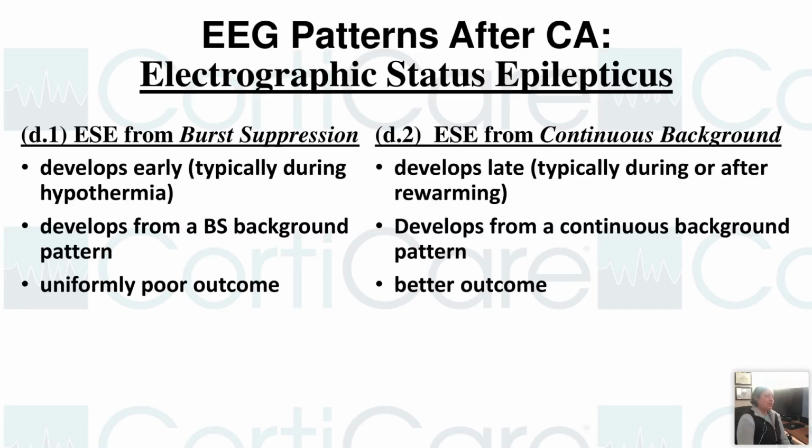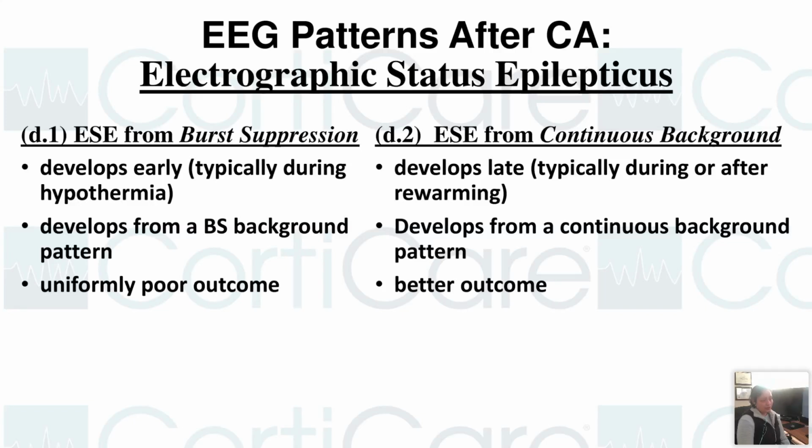So from burst suppression, the status epilepticus develops early. Early means less than 24 hours, okay? And like I said, it develops from burst suppression. So the background was burst suppression, and the patient is now going into electrographic status epilepticus. This kind of evolution of EEG has a poor outcome.